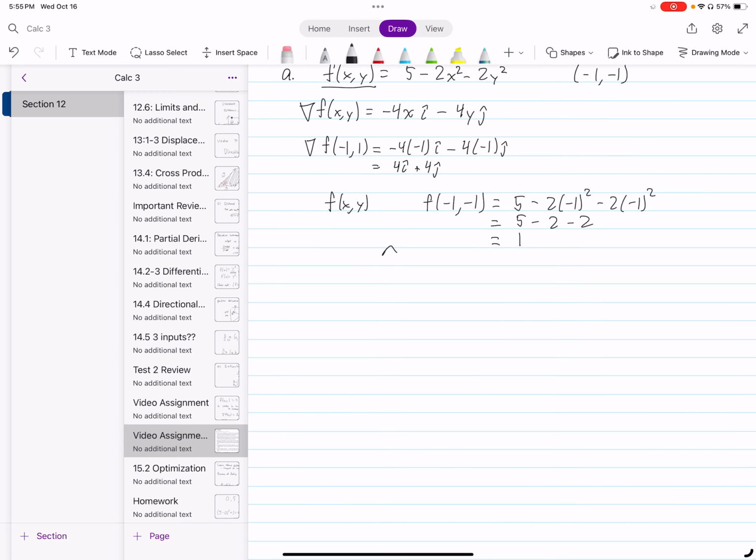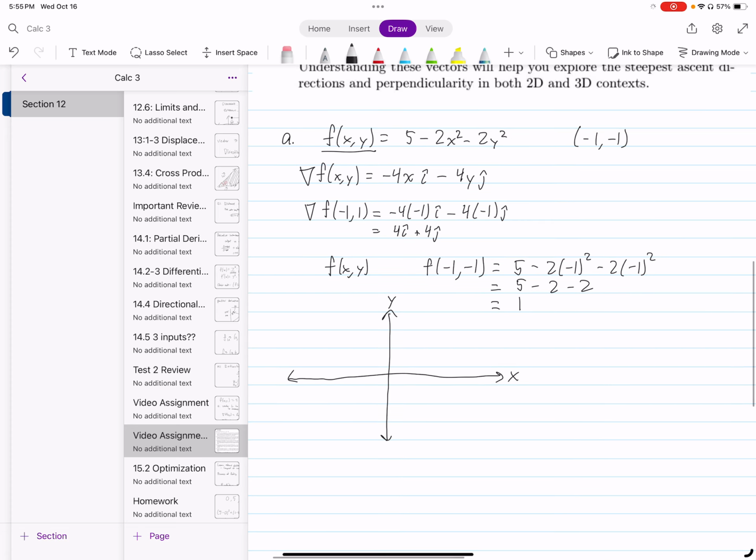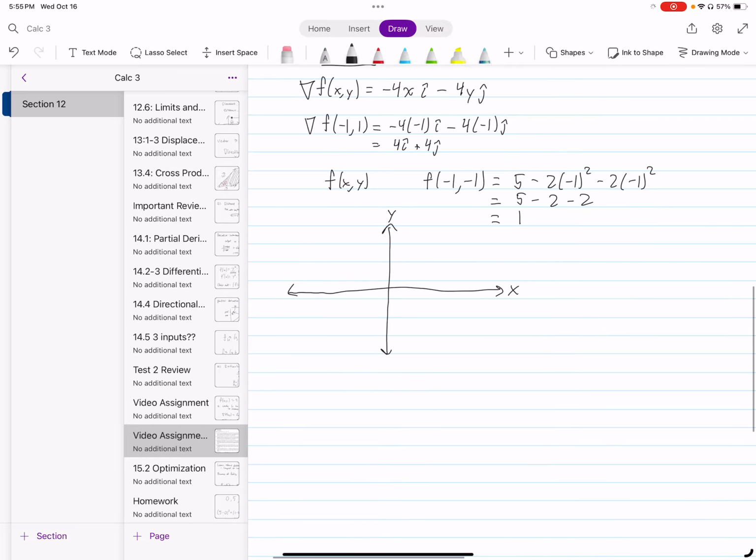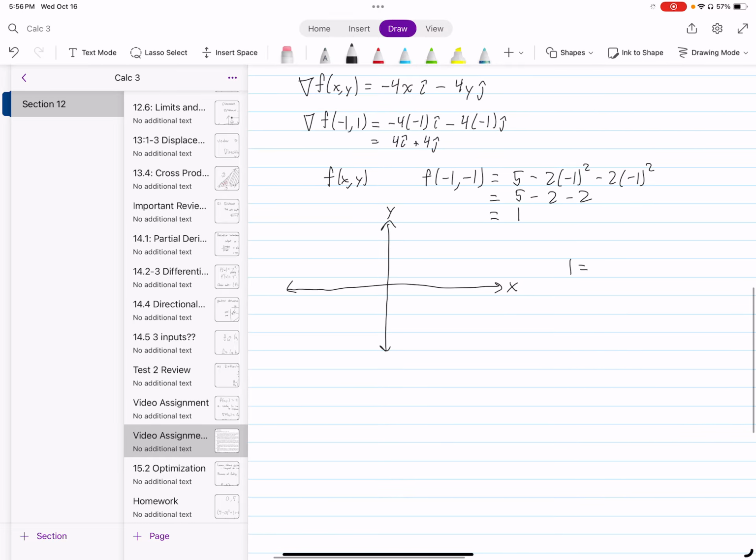Okay, so now we will go and draw a nice little graph. Label our x and y axes. And we want to draw the graph of the function 1 equals 5 minus 2x squared minus 2y squared.